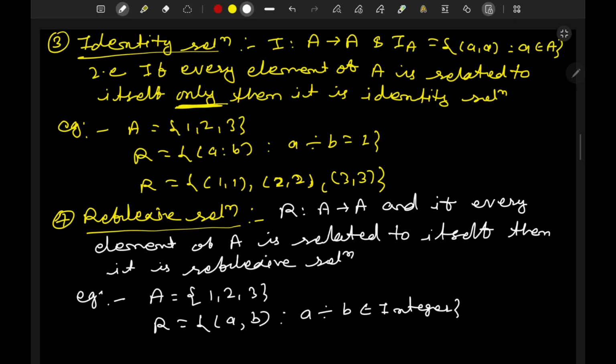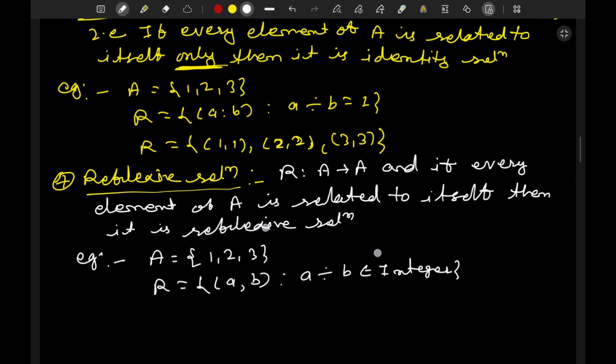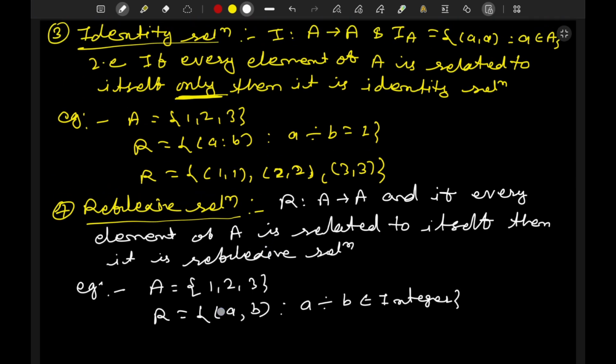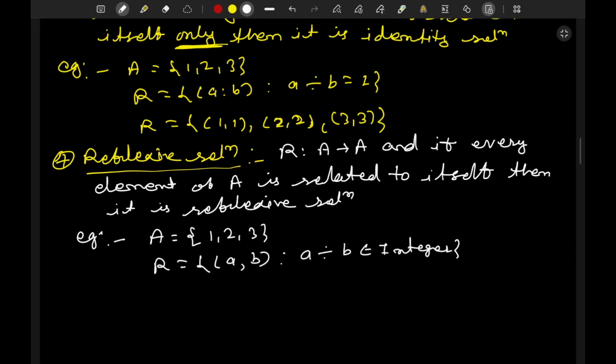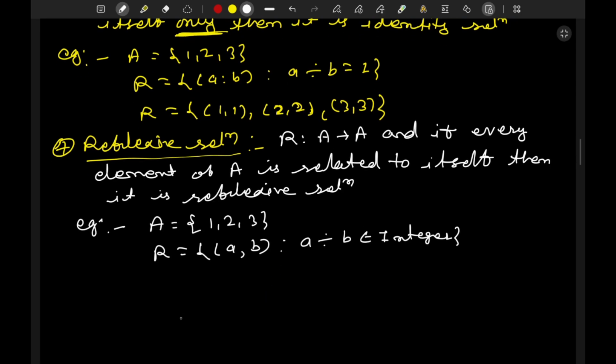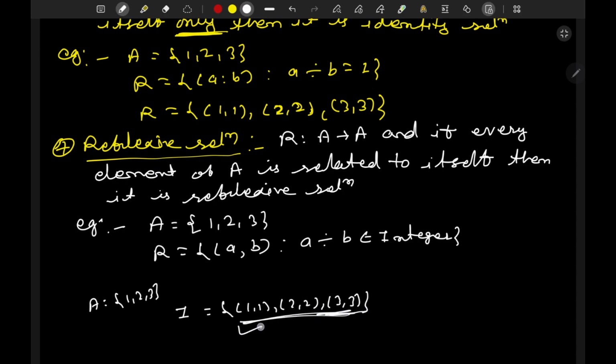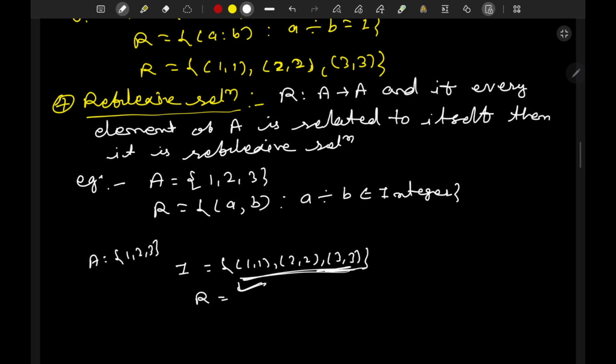In an identity relation it is itself only, but in a reflexive relation it is itself, and other elements are allowed. For example, the identity relation on the set 1, 2, 3 is 1, 1; 2, 2; and 3, 3, otherwise no other element. But for a reflexive relation, 1, 1; 2, 2; 3, 3, and we can also add 1, 2.